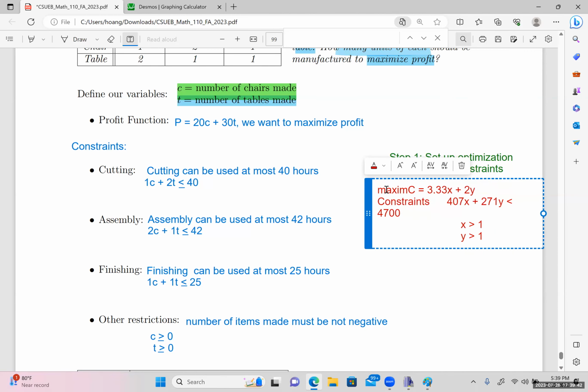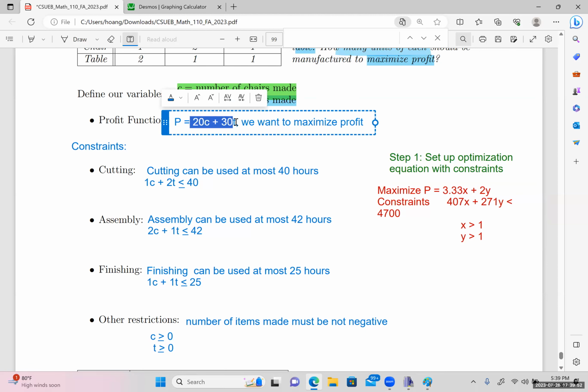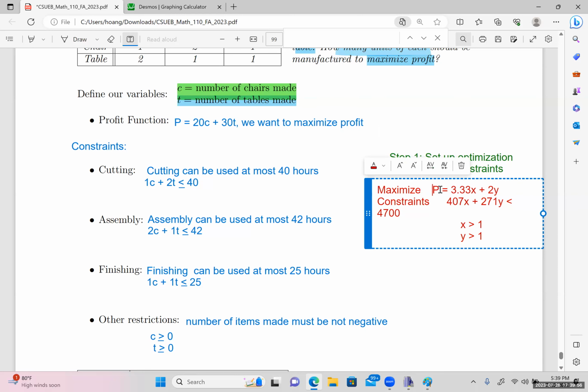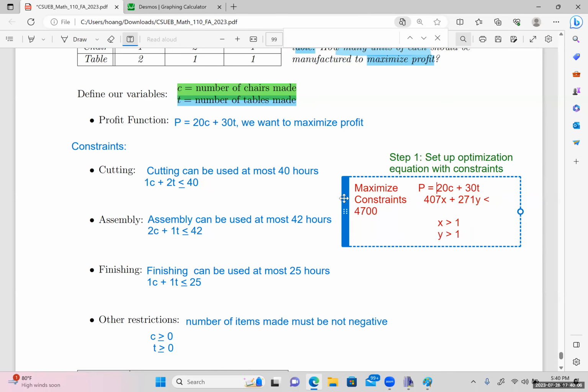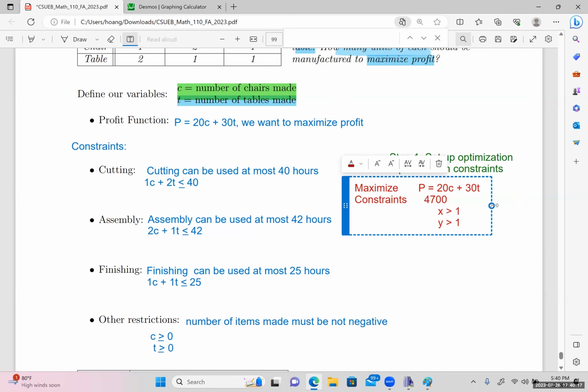Maximize the profit, with the constraints being 2C plus 1T less than or equal to 42.